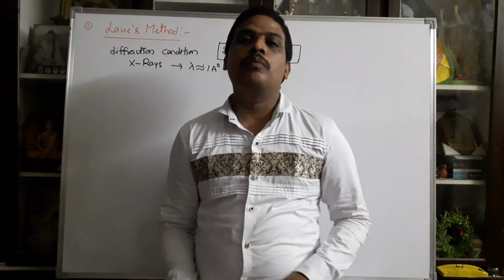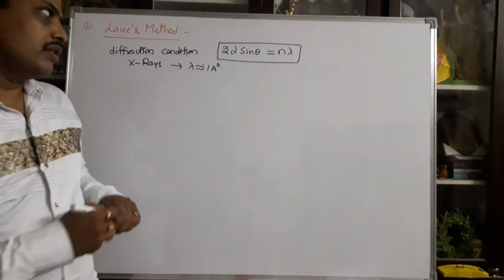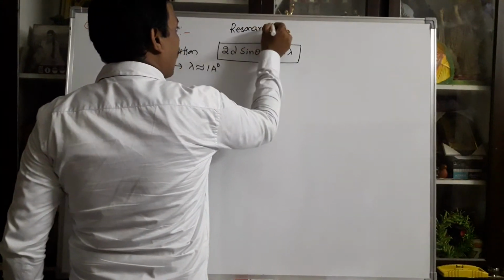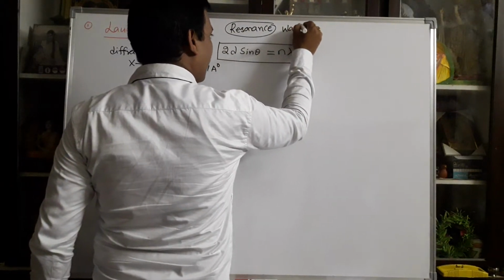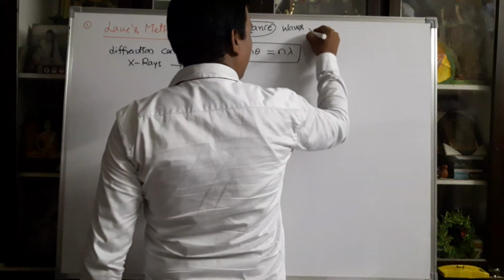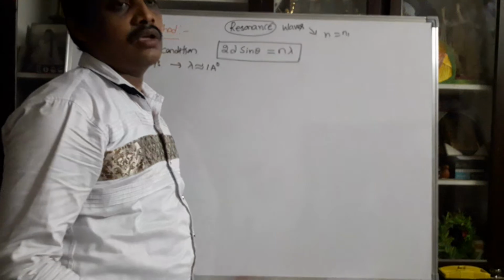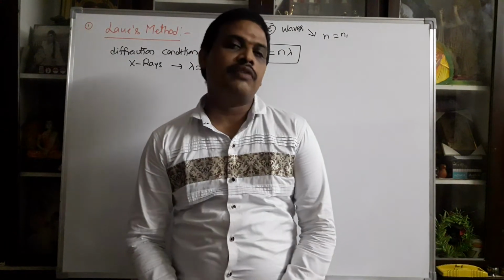That matching phenomenon, especially from your degree and intermediate point of view, we call resonance. What is resonance? From the waves point of view, the applied frequency value matches the natural frequency.